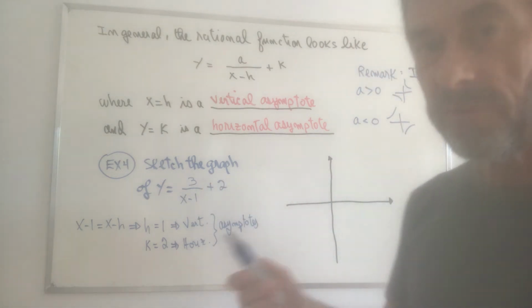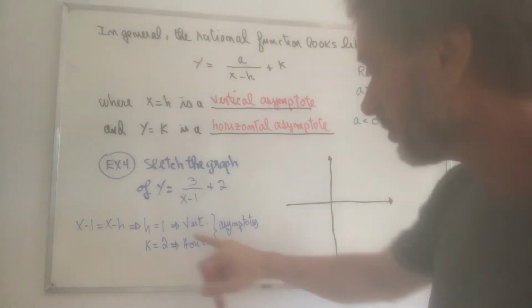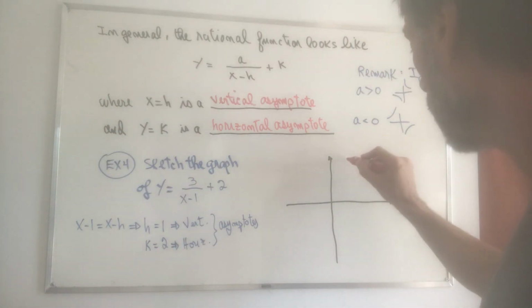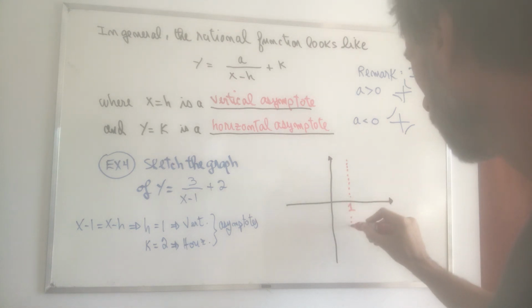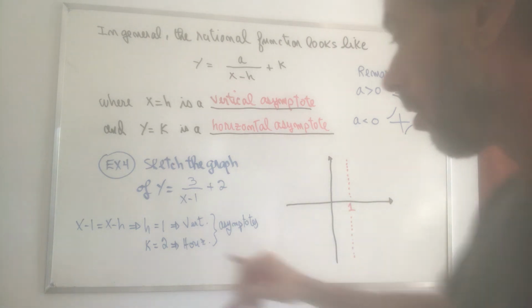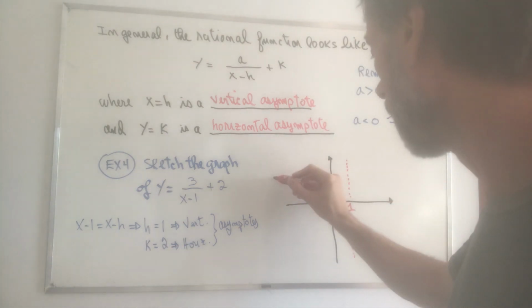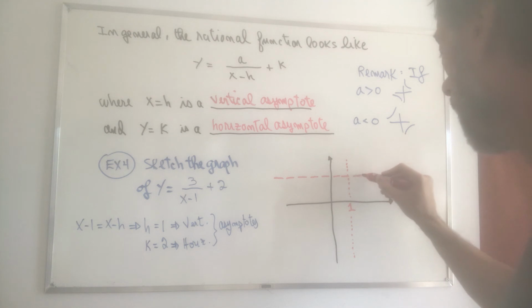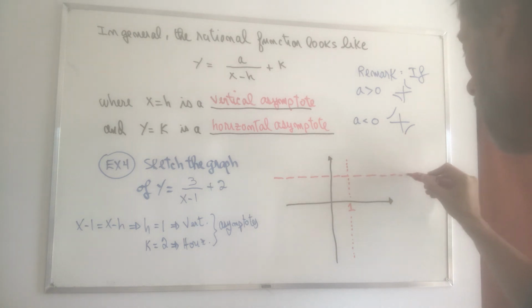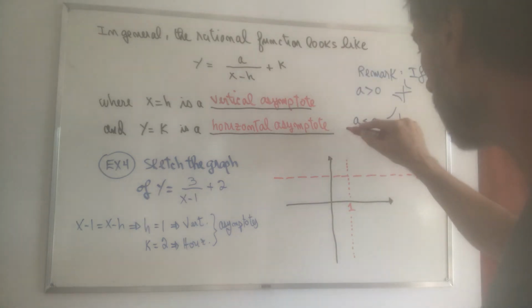So we will remain in the first and third quadrant. Let us put in our asymptotes. Vertical at 1. Horizontal at 2. And then, perhaps a little higher here.